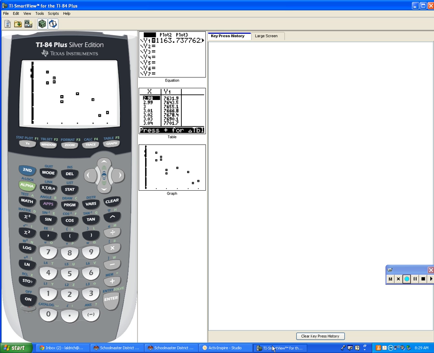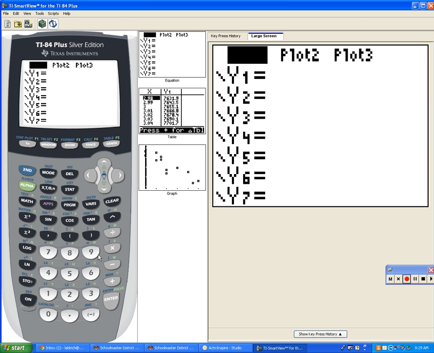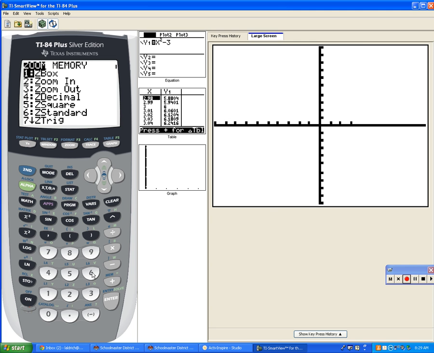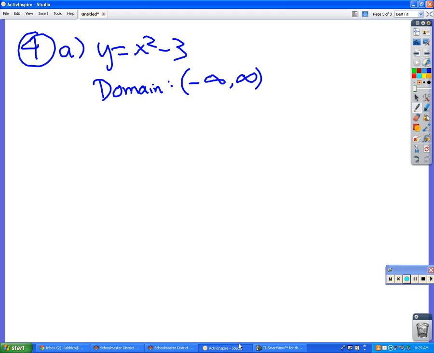If you are still uncomfortable with that, another way that you can do these is by looking at the graphs. x squared minus 3, you should know what this looks like already. It's a parabola that's been shifted down 3. How far is it going to go in this direction? Infinity. How far is it going to go in this direction? Infinity. Okay, so that's why the domain is negative infinity to infinity.